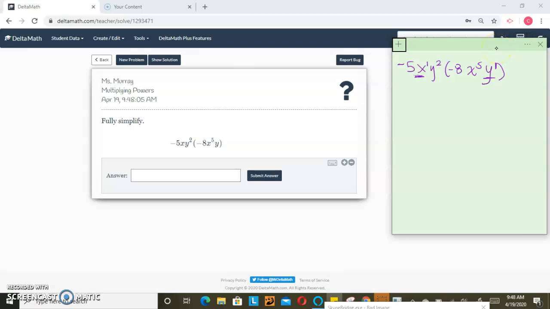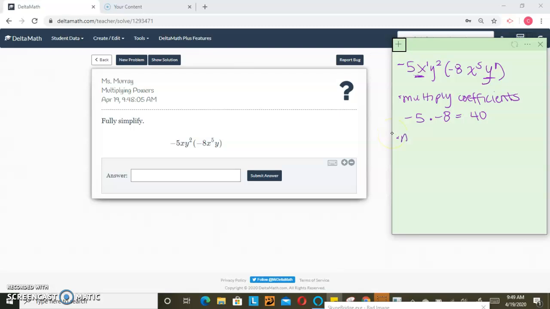So I'm going to multiply coefficients first. I'm multiplying a negative 5 times a negative 8, which is equal to 40.